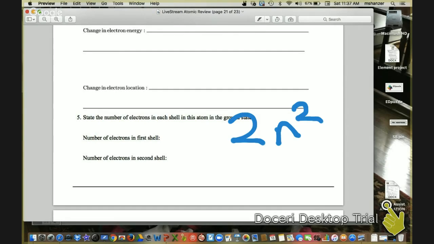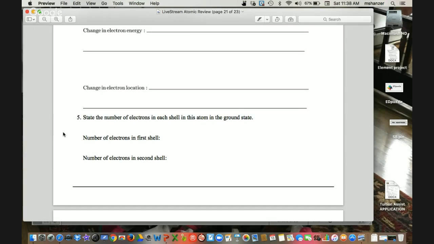For the second shell, 2 times 2 squared is 8. For the third shell, 2 times 3 squared is 18, and 2 times 4 squared would be 32. So this is just a simple way to remember the maximum number that you would find in any shell. Not to be confused with valence electrons, which is always going to be 8.